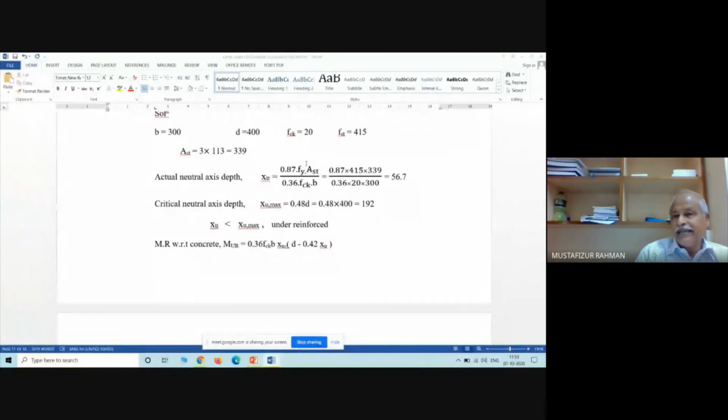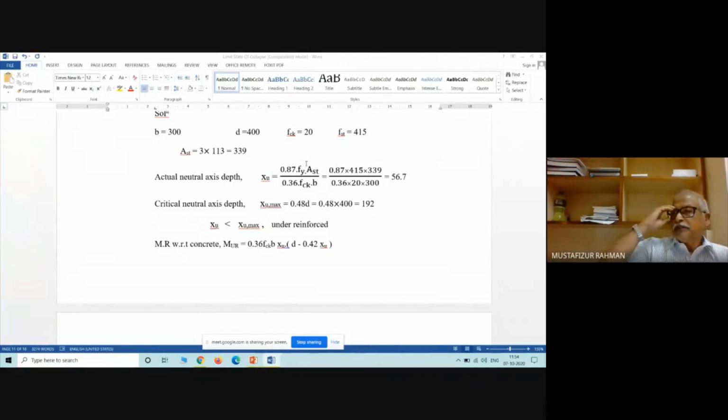If it is above the critical neutral axis, that means strain in concrete is not reaching the limiting value. That's why we are giving the statement: xu is less than xu maximum.